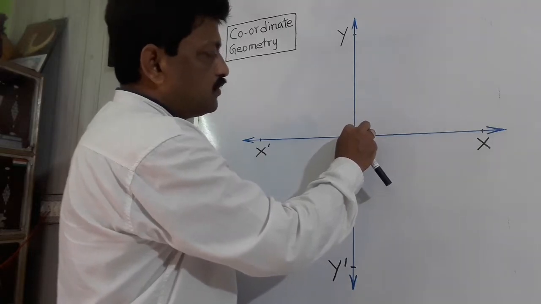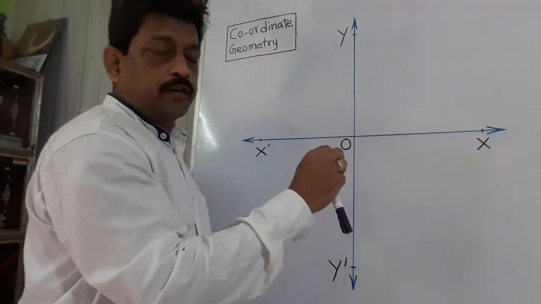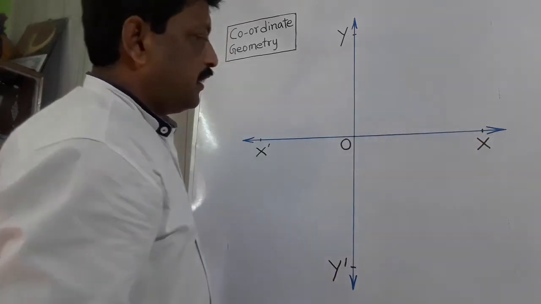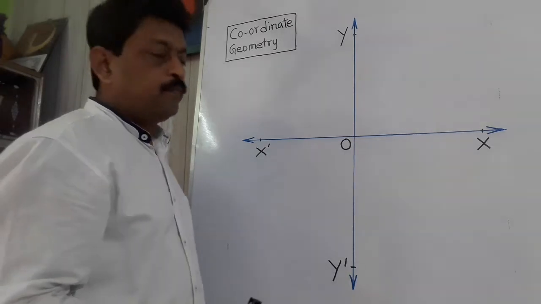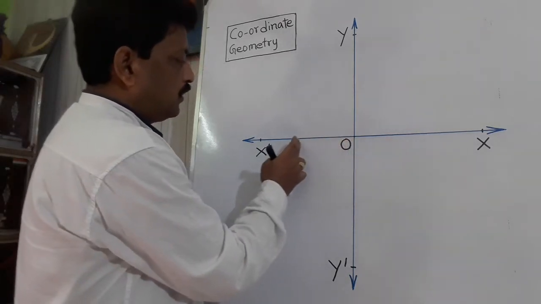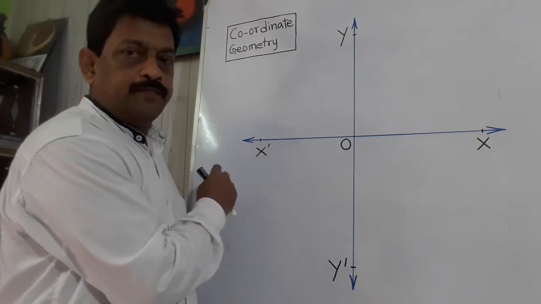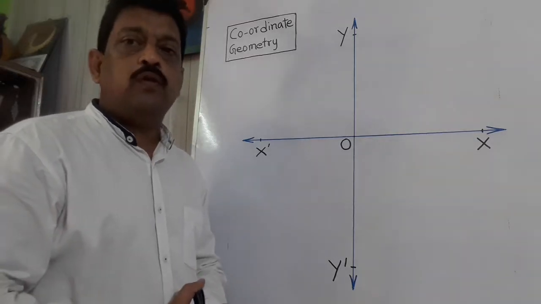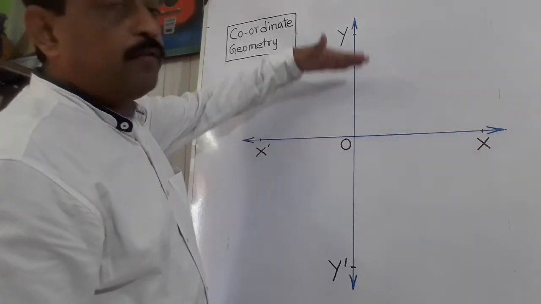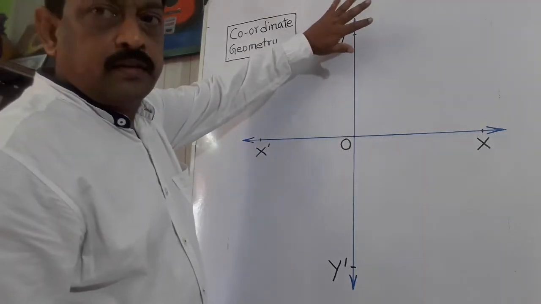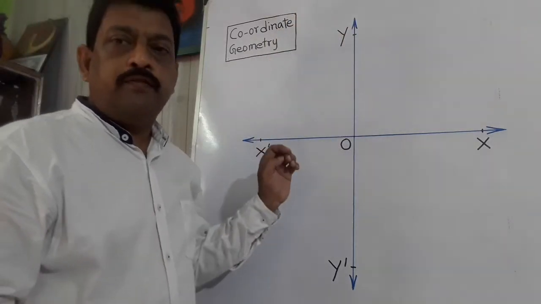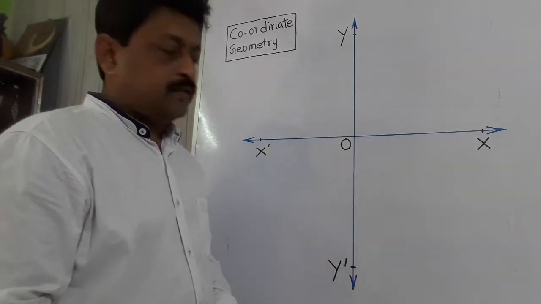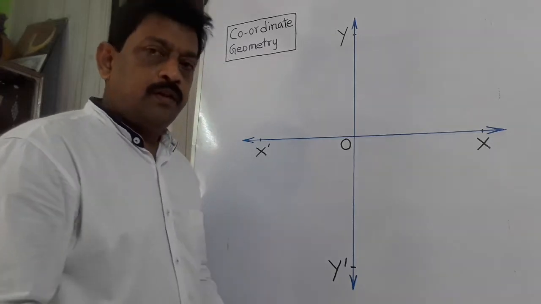If it is a positive value of x, then we have to move towards the right on the x-axis, and if it is a negative value of x, then we have to move along the x-axis to the left. Similarly, if it is a positive value of y, then we have to move above the x-axis, and if it is a negative value of y, then we have to move below the x-axis along the y-axis. Understood?